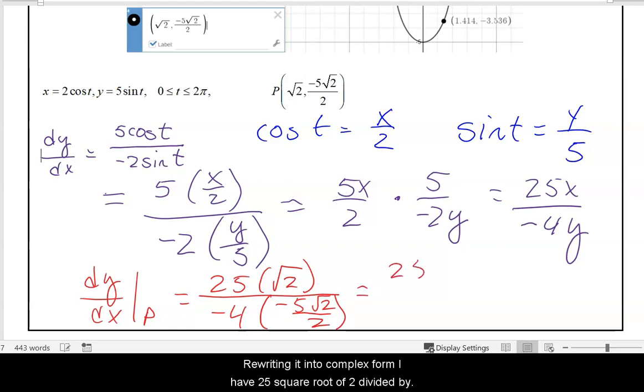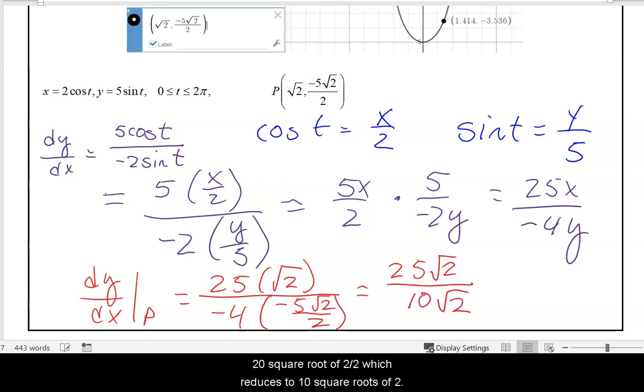Rewriting it into complex form, I have 25 square roots of 2 divided by 20 square roots of 2 over 2, which reduces to 10 square roots of 2.